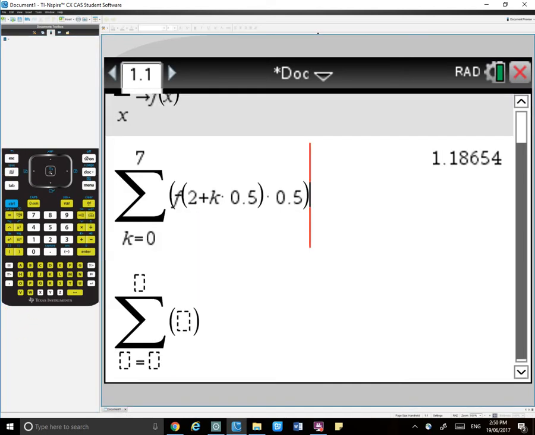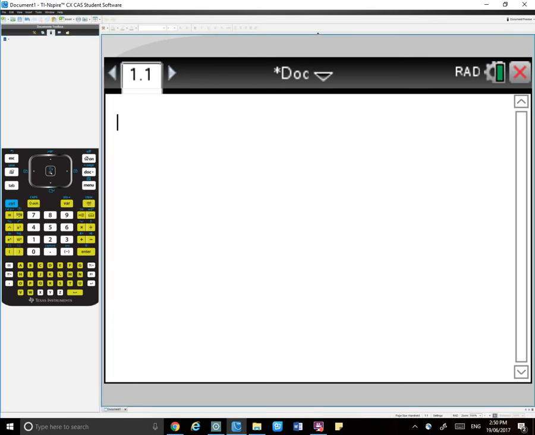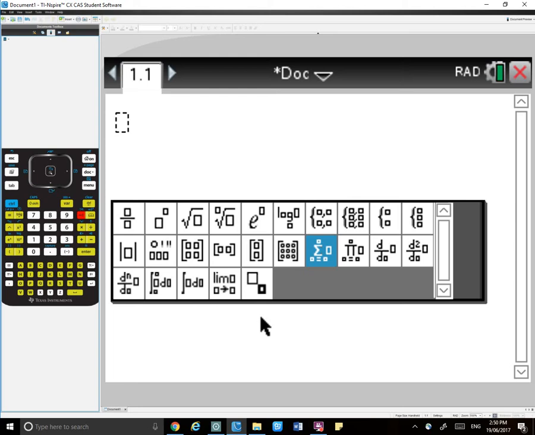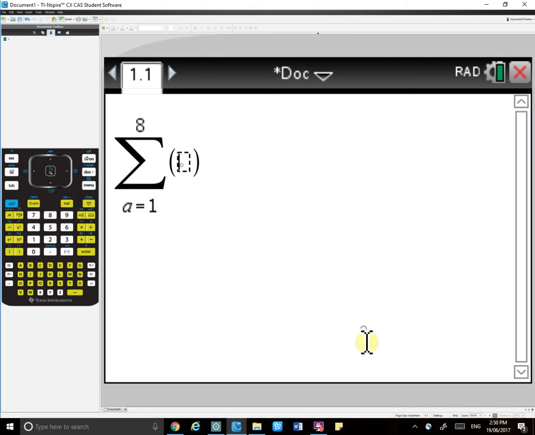What's wrong? Go back. Well, I can use a, just a equals 1 to a equals 8. What's my f? Well, my f is still here. F bracket 2 plus 0.5.